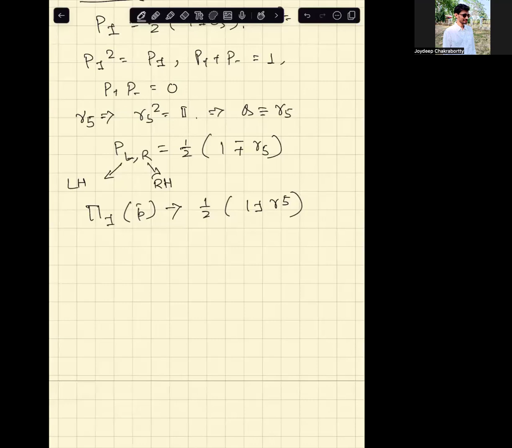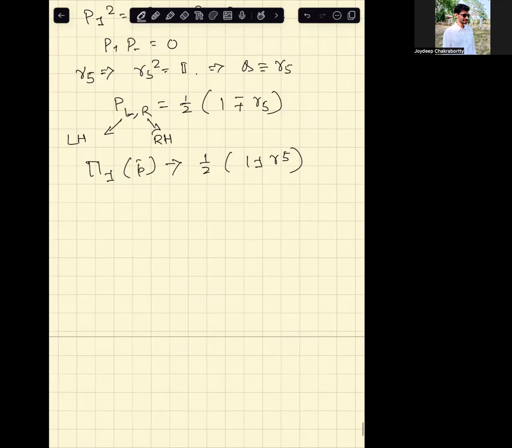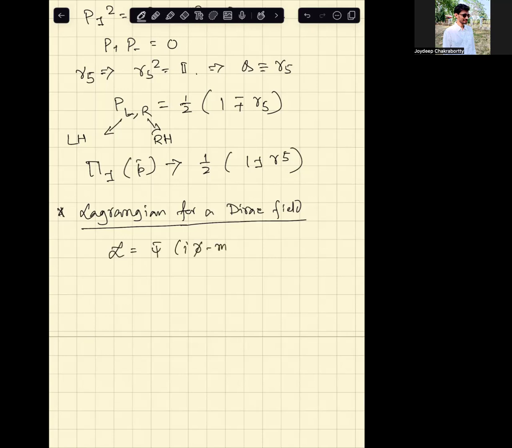So that's another kind of projection operator, which is called a spin projection operator, and that we will not immediately use. So we'll revisit that whenever required. So now we'll look into the Lagrangian for a Dirac field. Okay. So this is written as psi bar (i del slash minus m) psi.